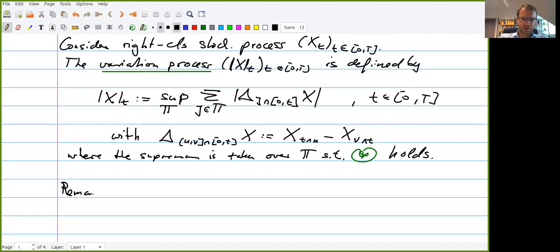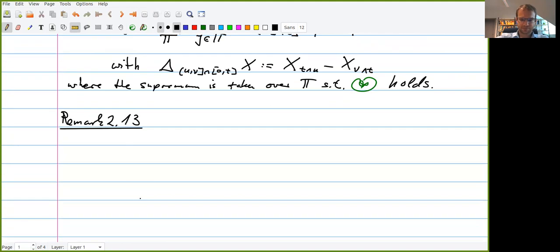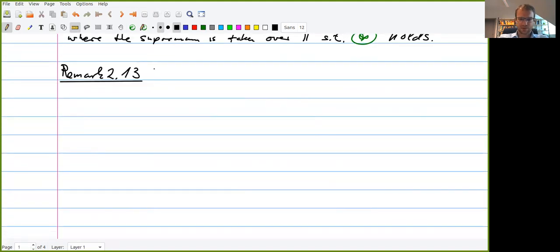This is remark 2.13, on Lebesgue-Stieltjes integration.